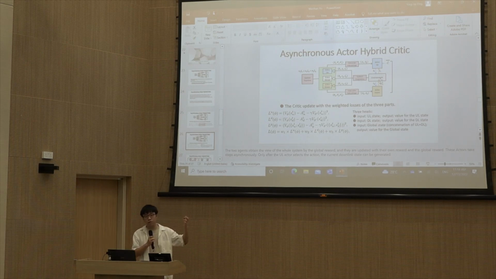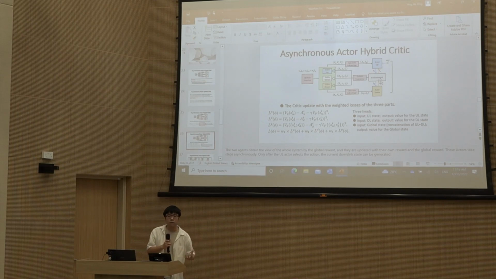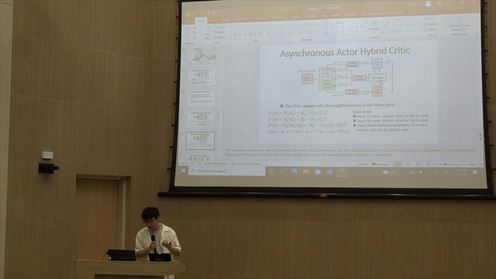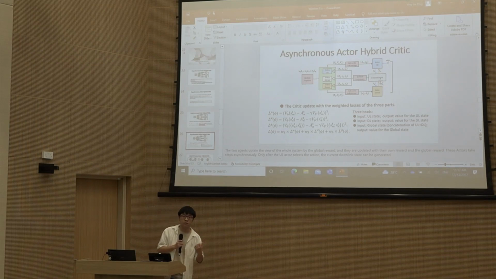If the number of users is big, the computation complexity will also be very huge. Reinforcement learning has a very good strength, which is its exploration strategy.